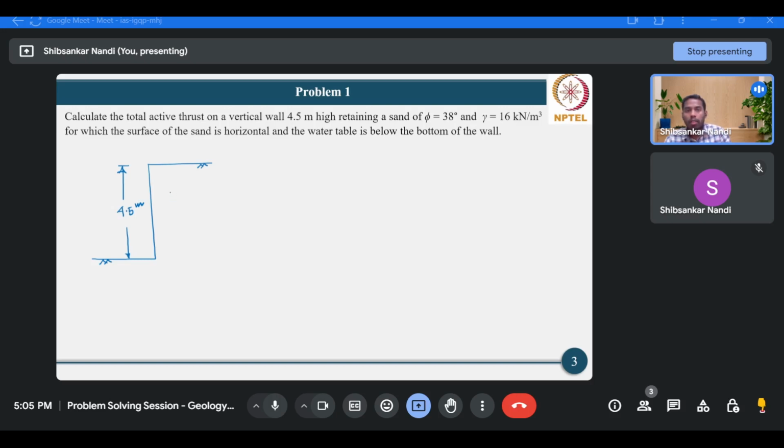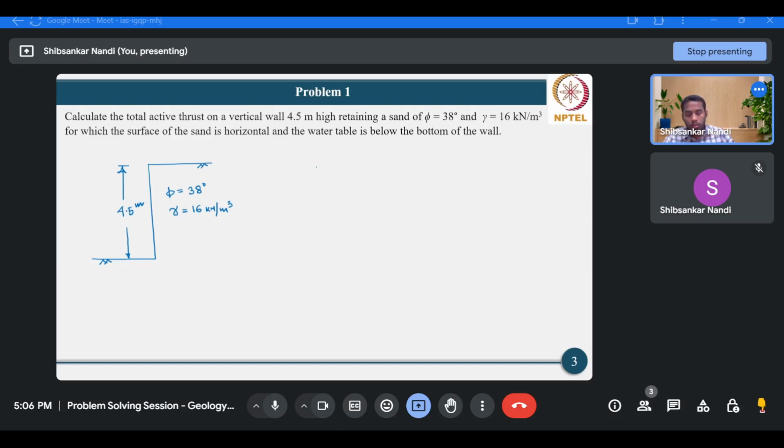Some properties of the sand: angle of internal friction is 38 degree, and the unit weight of the sand is 16 kilonewton per meter cube. There is no water table located within the height of the retaining wall, so it is below the bottom of the wall. That's why it will not come into the picture of calculating the active thrust on the wall.